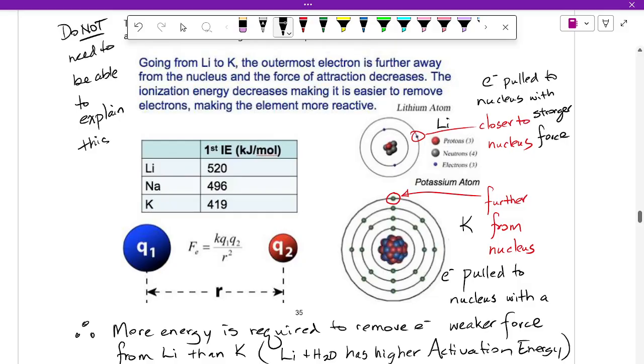So basically, the nature of the reactants affects the activation energy.